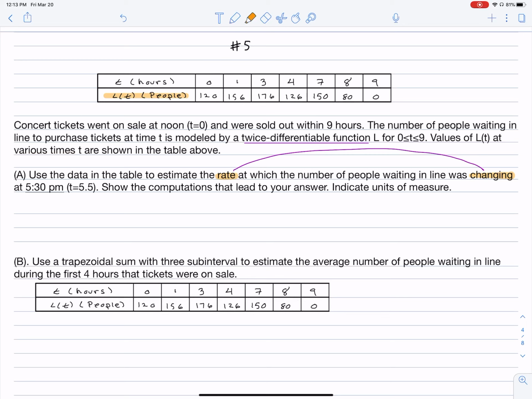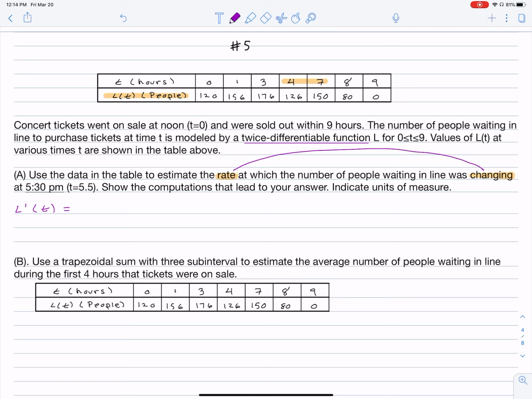So I'm going to go up to my table and note that 5.5 occurs somewhere in here. So what am I going to do? I'm going to find the slope of the line. I'm going to approximate that value. So in other words, I'm going to say L prime of t is approximately equal to the slope of the line from time 4 to 7.